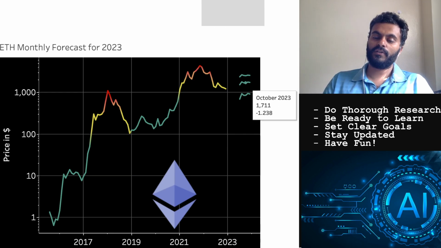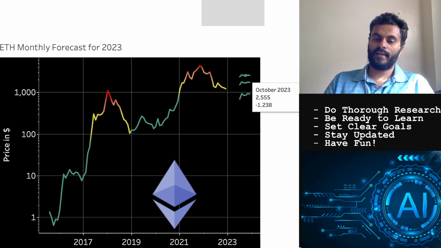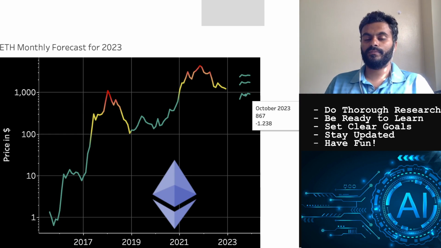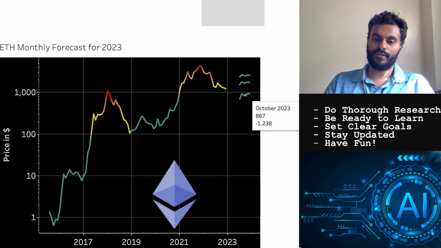For the month of October, the base case of the AI model's output is at 1,700 US dollars, whereas a rally in October could have a theoretical ceiling at $2,555. If there is a crash in October, that crash would have a theoretical floor at 860 US dollars.